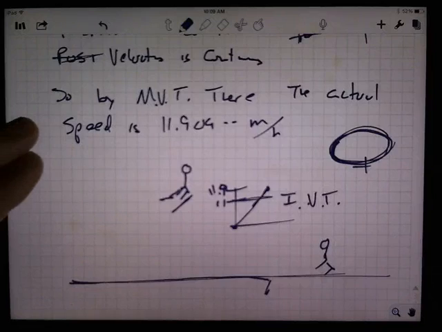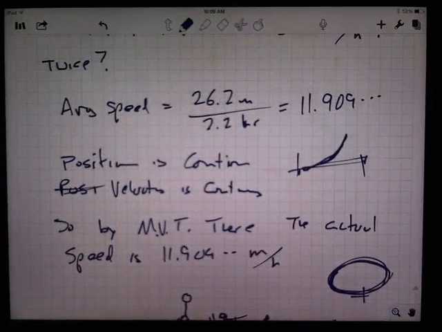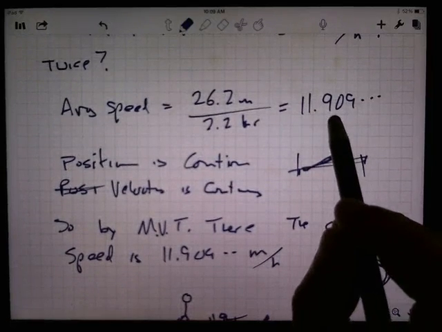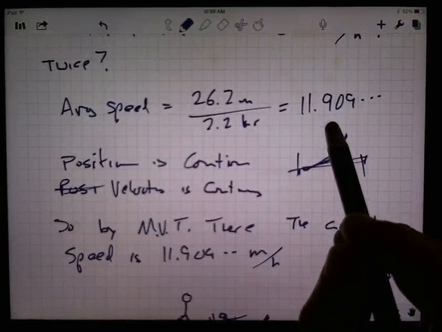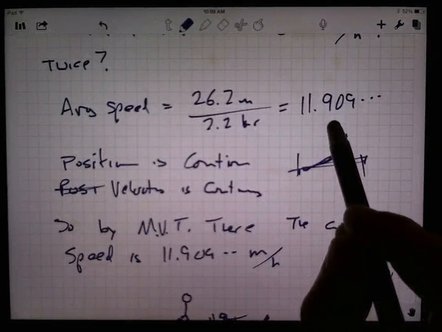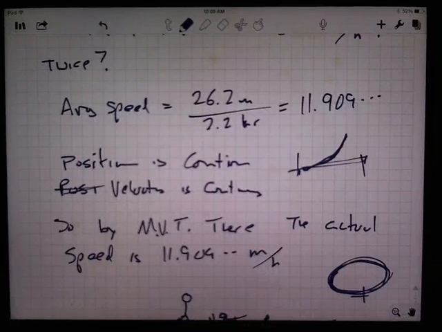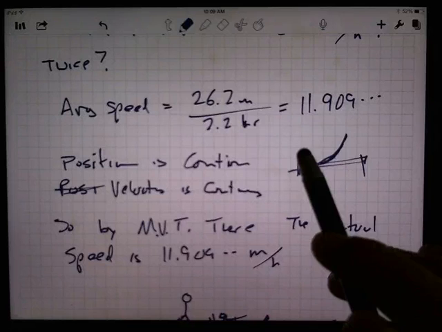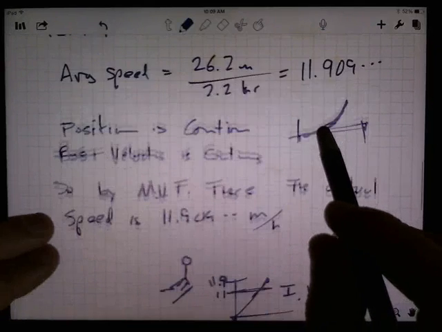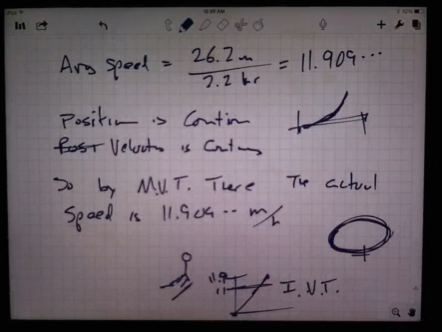So the mean value theorem guarantees somewhere we did 11.9 miles an hour. Under other assumptions, we might be able to argue something else, something less than 11.9. I certainly can't argue more than 11.9, because the runner might have been running 11.9 miles per hour the whole time. So I can't argue more.